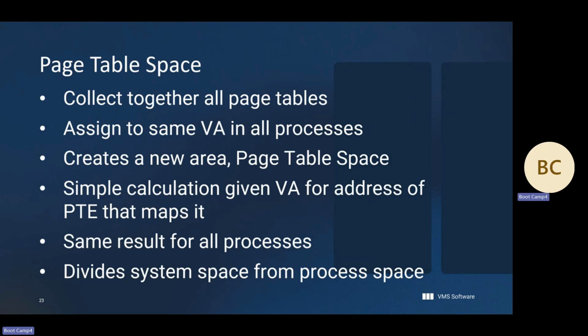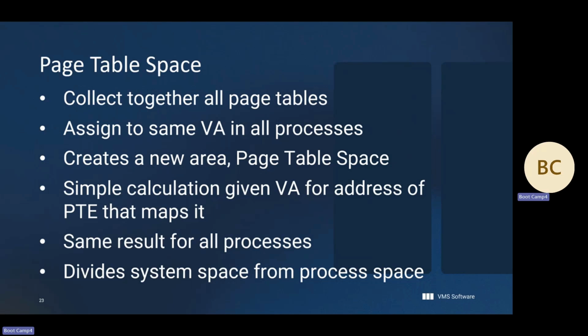And so the same virtual address in a given process will always go to the same place for its PTE. And it means that for a given VA to figure out what PTE maps it, it's simply a matter of masking, shifting, adding, and vice versa. If I have the address of a PTE, by masking, shifting, and adding, I can go directly to what virtual address it is for. Back in the VAX scheme, it wasn't anywhere near so simple.